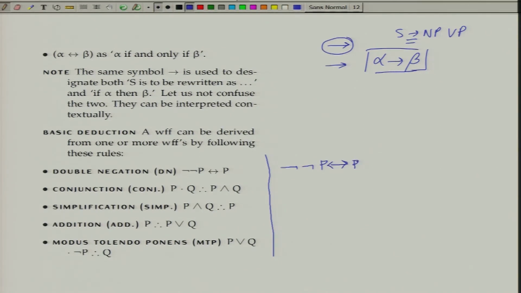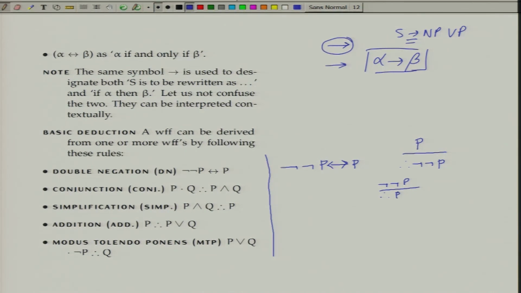What is equivalence? Equivalence is a two-way traffic. It means that if I have P, from that any time I can conclude neg neg P, and if I have neg neg P, then at any time I can conclude P. So this is the first rule.